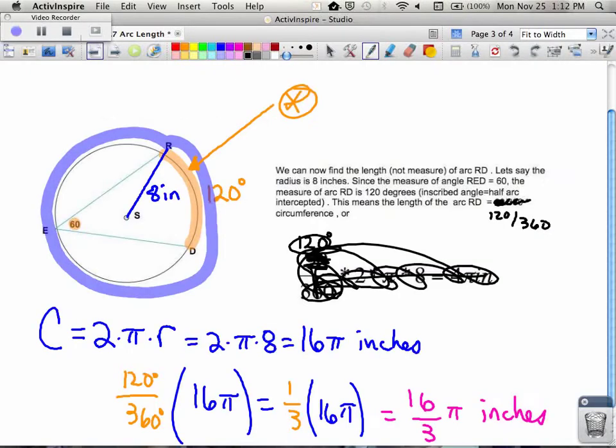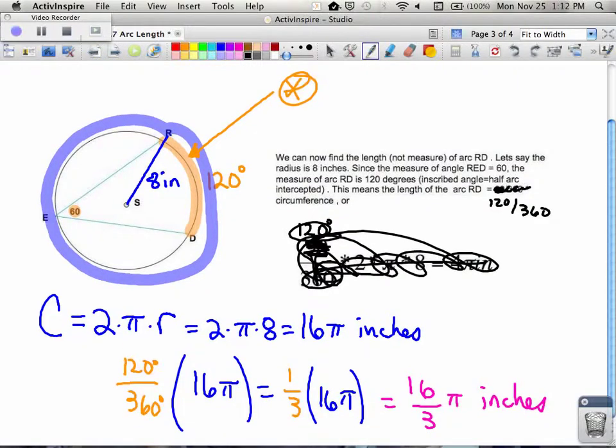Looking back at the previous example, what that meant is I took the circumference of 16 pi and multiplied that by 120, which was the central angle measurement, and then divided by 360. I know that 120 was the central angle measurement because an inscribed angle is half of the arc, but the central angle is the same as the arc.